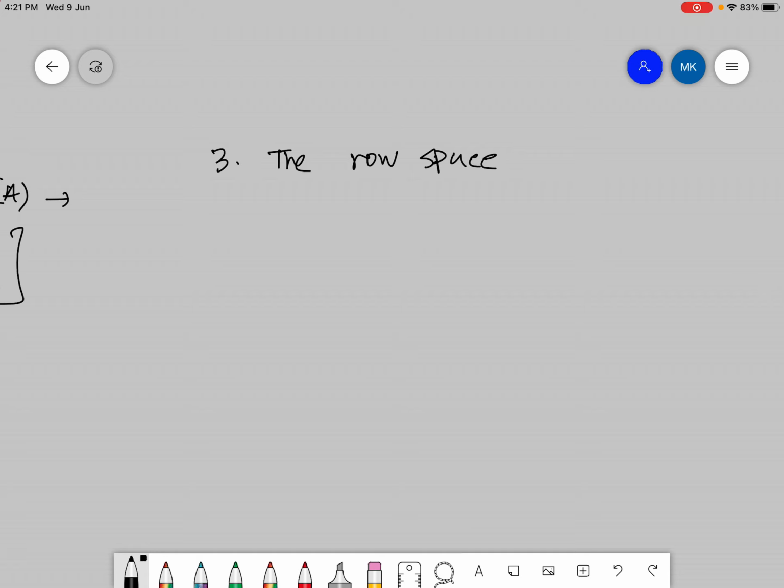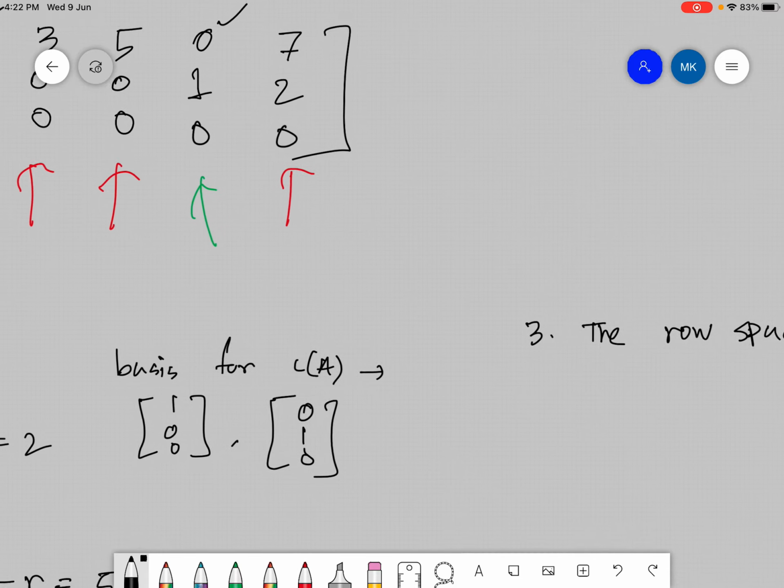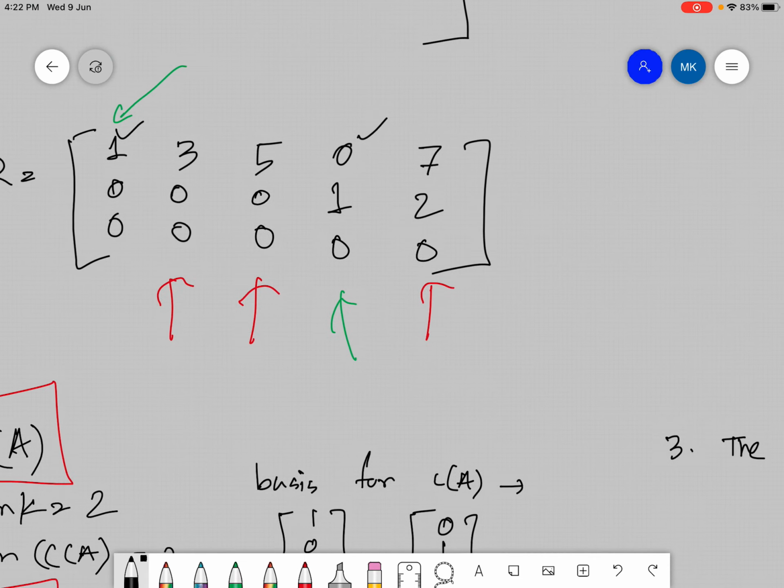Okay, so this is written as C, column space of A transpose, because whenever you transpose this matrix, you will get the rows as the columns.